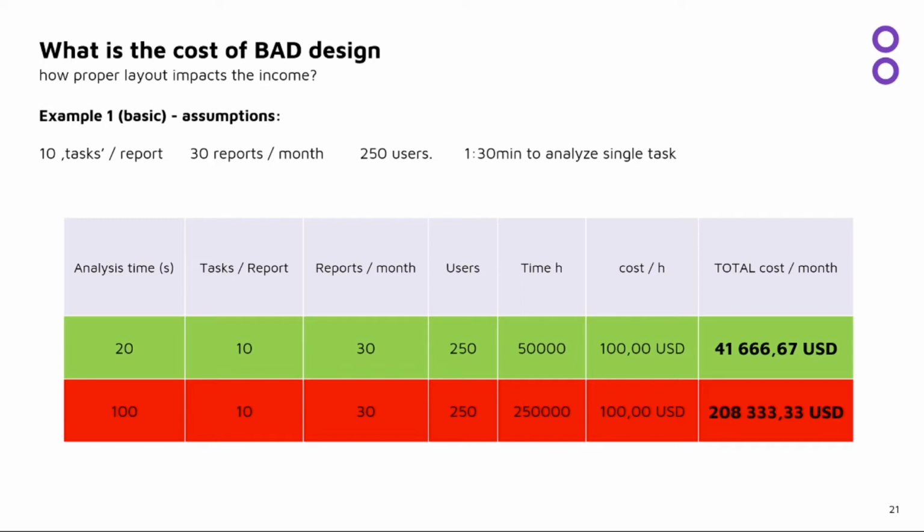If you count all of this, you will see that if you have this not optimized version, the red one, you need to spend like $210,000 a month for your users to analyze the data. If you just invest a fraction of this money to design this report in the first place, you will pay for the analysis on a monthly basis just $41,000. This is like $150,000 less when you just have this bad design of your report. This is the real cost, talking simply in time.